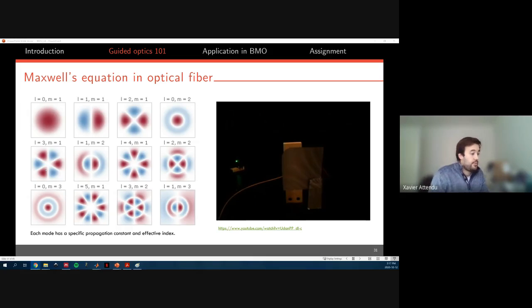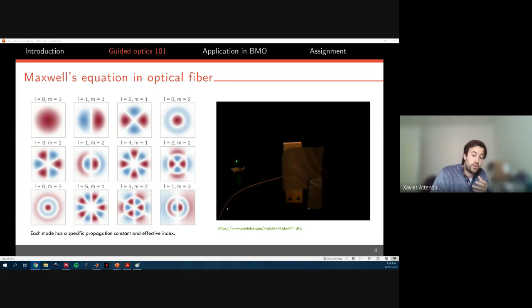So now, if you imagine the scenario where you're shooting light into a fiber, what's going to happen is, instead of taking any random angle and being a ray, as we saw before, it's going to excite a specific pattern or several patterns in this fiber, meaning that part of the energy is going to be put into this pattern, part of the energy will be put into other patterns, and you have a linear combination of those.